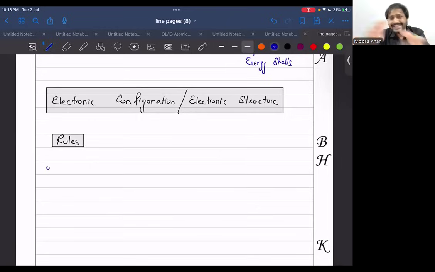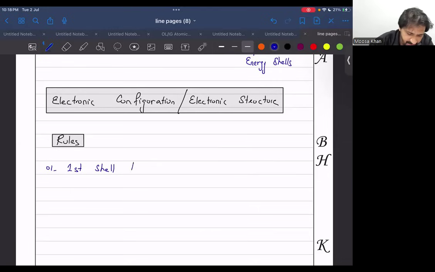First rule: the first shell of an atom of any element can hold up to a maximum of 2 electrons. It cannot hold more than 2 electrons. 2 से कम हो सकते हैं, it can be 1, but it cannot be more than 2.